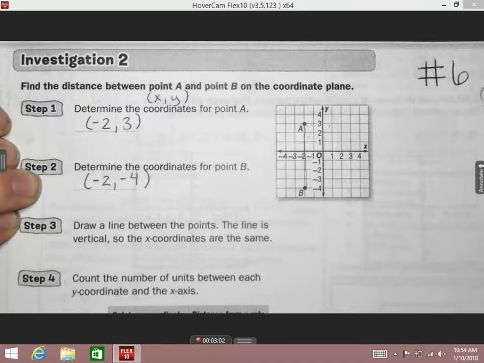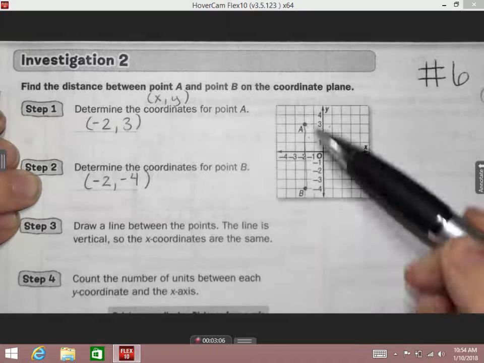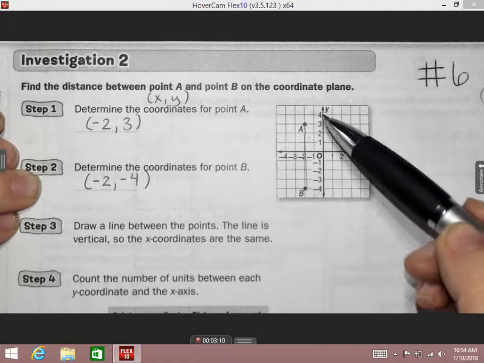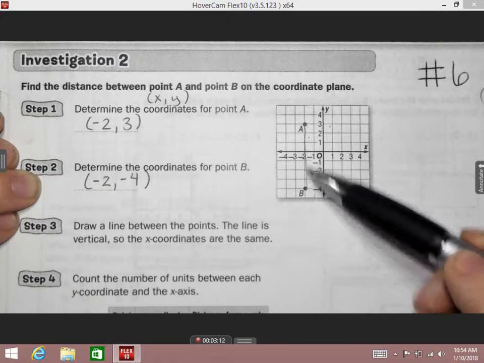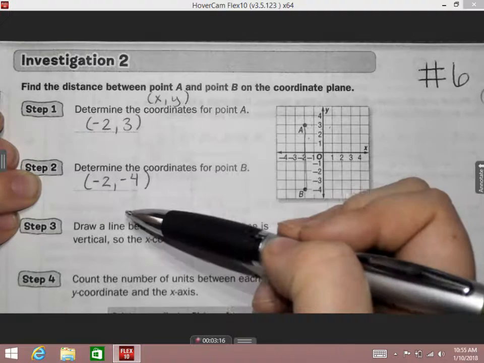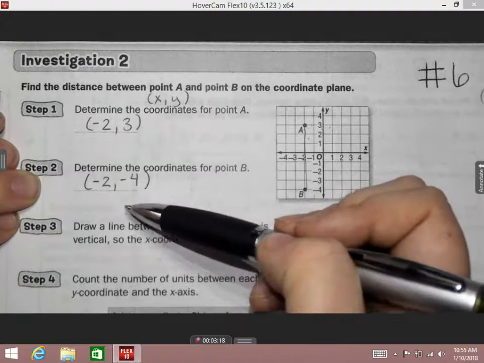Okay. All right. So our goal here is to find the distance between those, not by counting, but by looking at these two ordered pairs for right now. Okay. So here's my question.